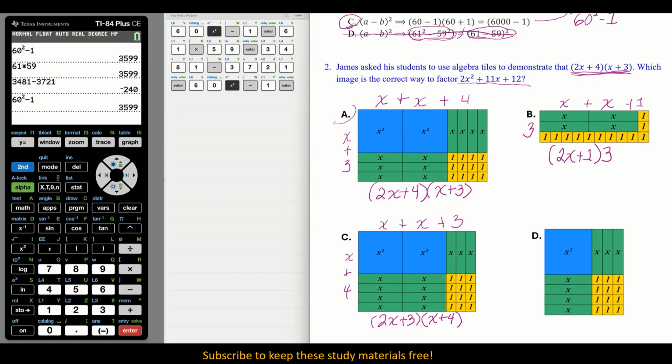However, we want A because A is what's asked in the question. Now D is just x plus 3, and this is x plus 1, 2, 3, 4. Obviously, that isn't what we're looking for.